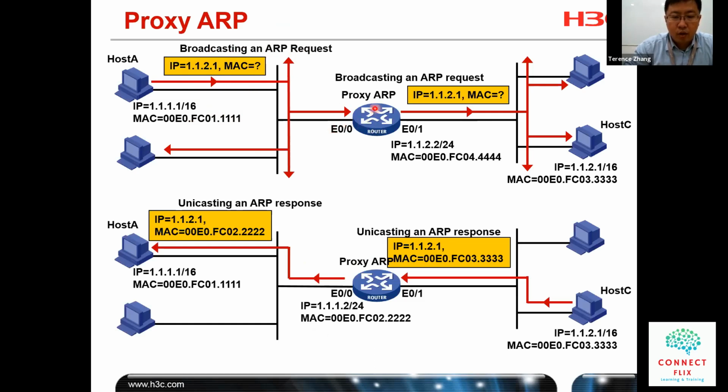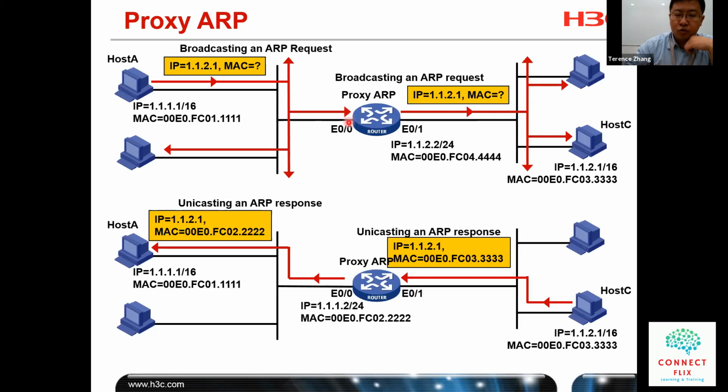That means if host C is here, it will receive the ARP request by broadcast. But if it's here, the request will be blocked by the router. We will learn that in the switch knowledge, because the router naturally blocks the layer 2 broadcast, right?